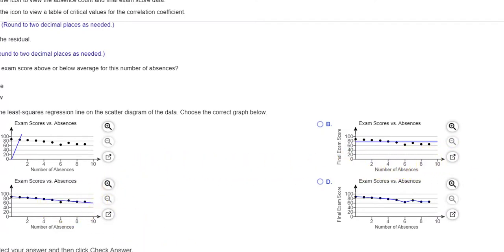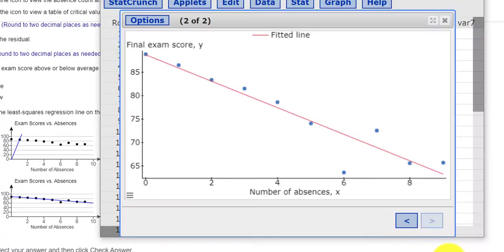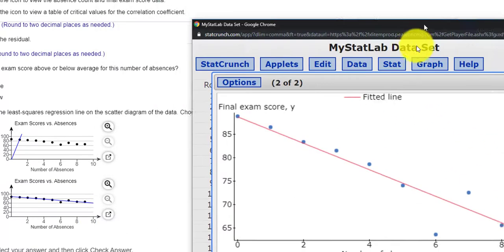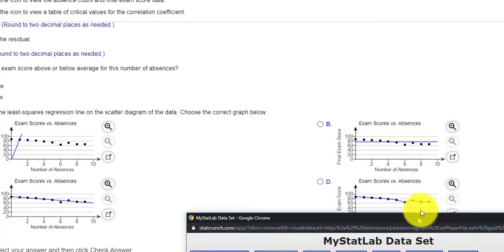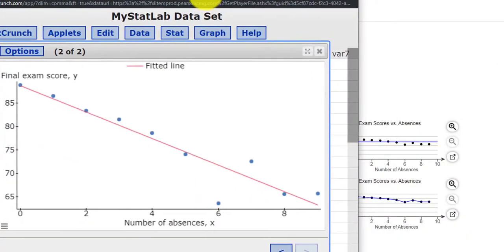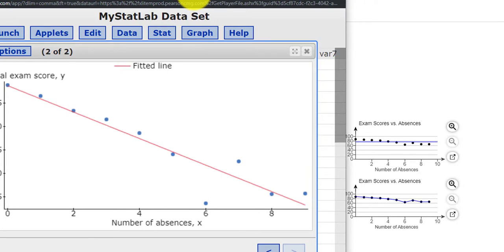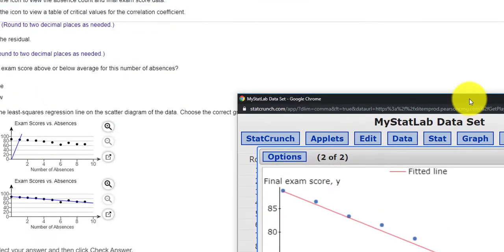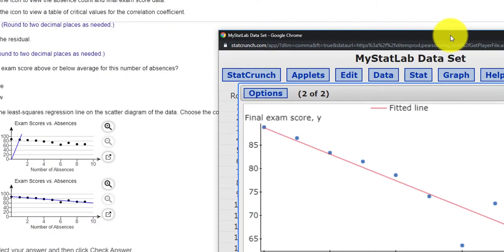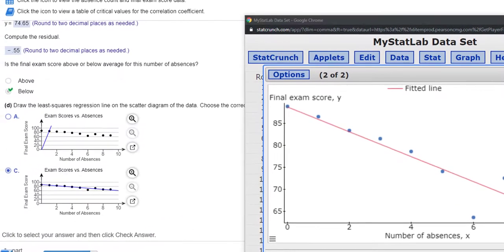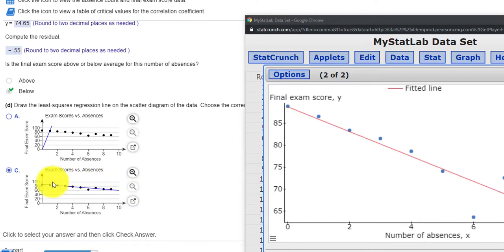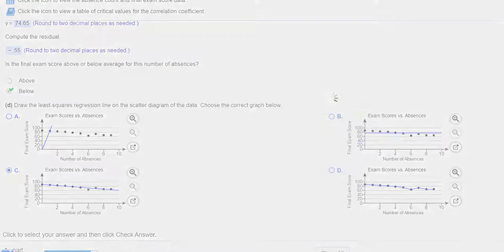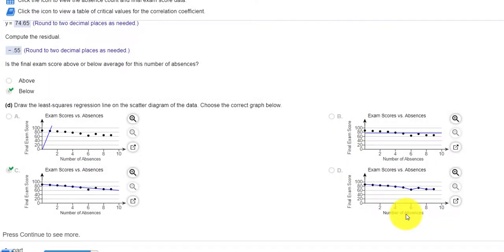This letter C could be it. Let's take a quick peek. Yeah, I'm thinking letter C looks probably the best. I might have to blow this up a little bit more. Yeah, I'm going to go with letter C. Let's check answer. Hey, we get the great job.